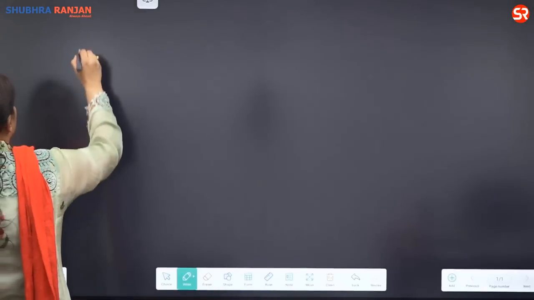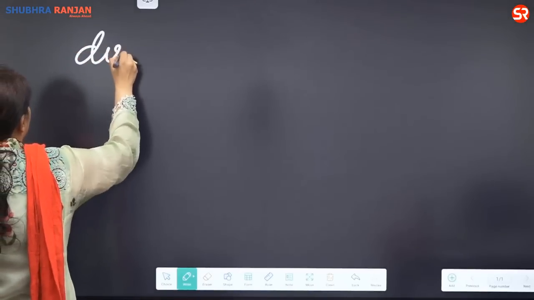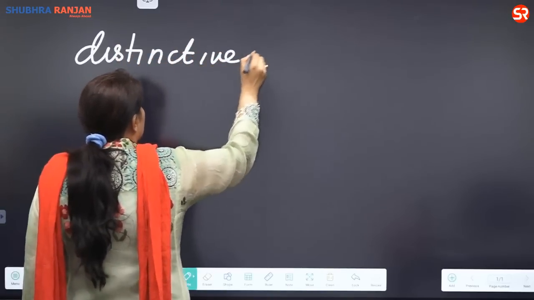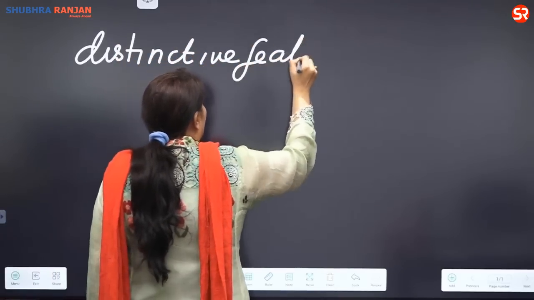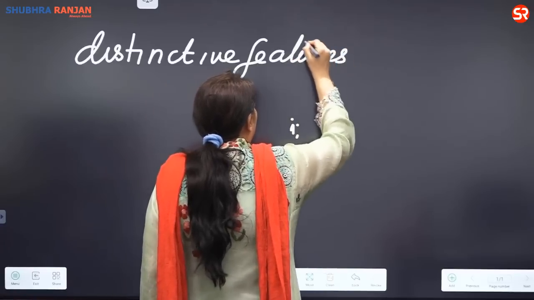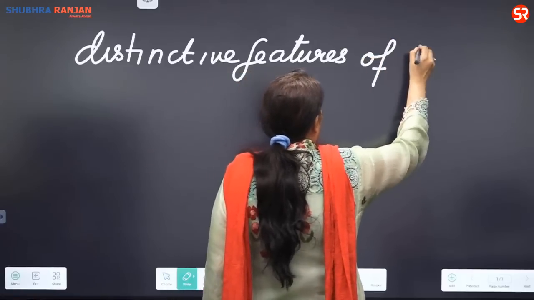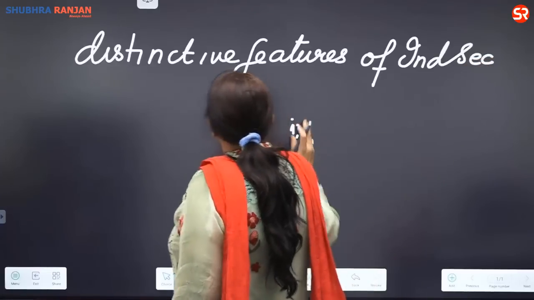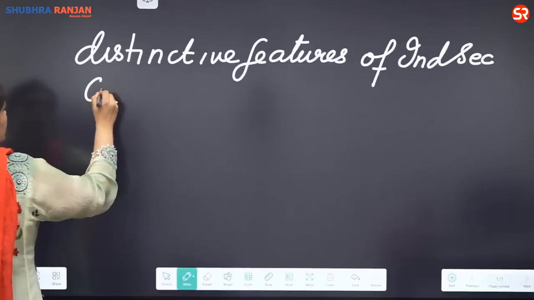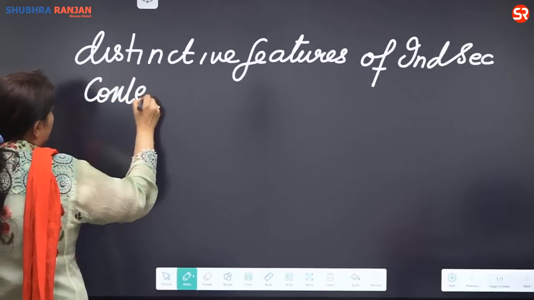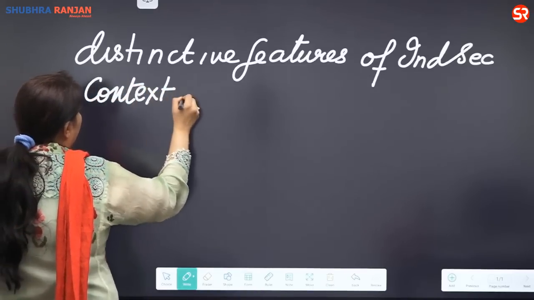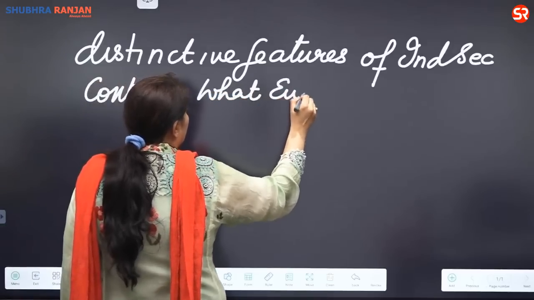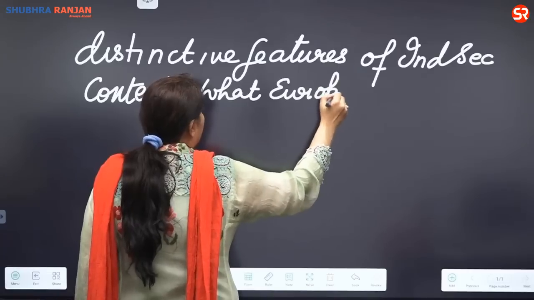So the three parts are: the distinctive features of Indian secularism; next, why it is called a contextual model; and what Europe has to learn.